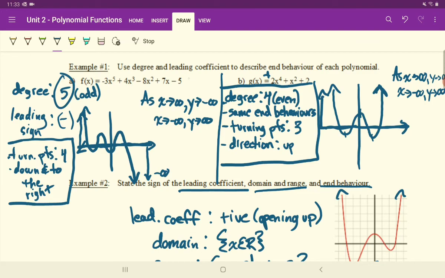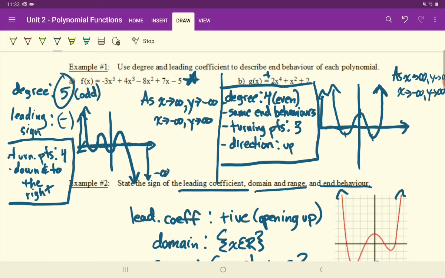For example, this one, we know it's a degree of 5, so it's an odd degree polynomial, which means they will have opposite end behaviors, okay? Now, since it's a degree of 5, the maximum number of turning points is 4. Not that that matters, okay? It still has opposite end behaviors. And all we have to comment on is the end behaviors. The number of turning points doesn't really matter.